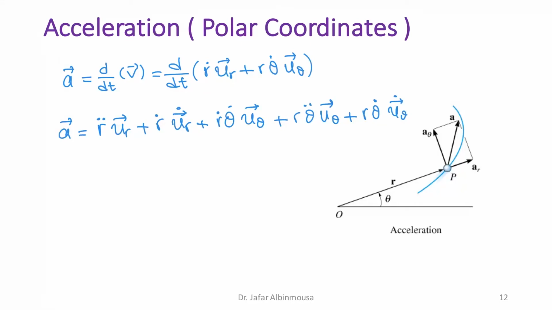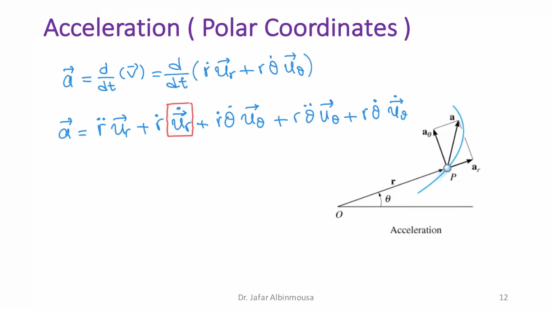Now let's inspect this again. r double dot is the second time derivative of the position, so this is the acceleration. This is the unit vector ur. This is the velocity because it's the time derivative of the position. This one is something we don't know: the time derivative of the unit vector ur.